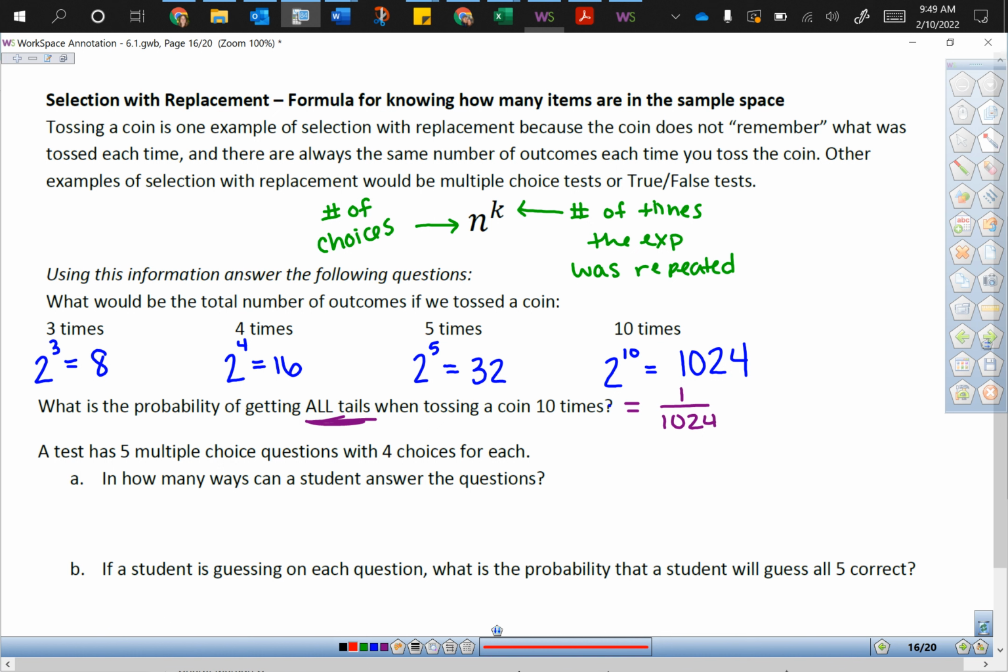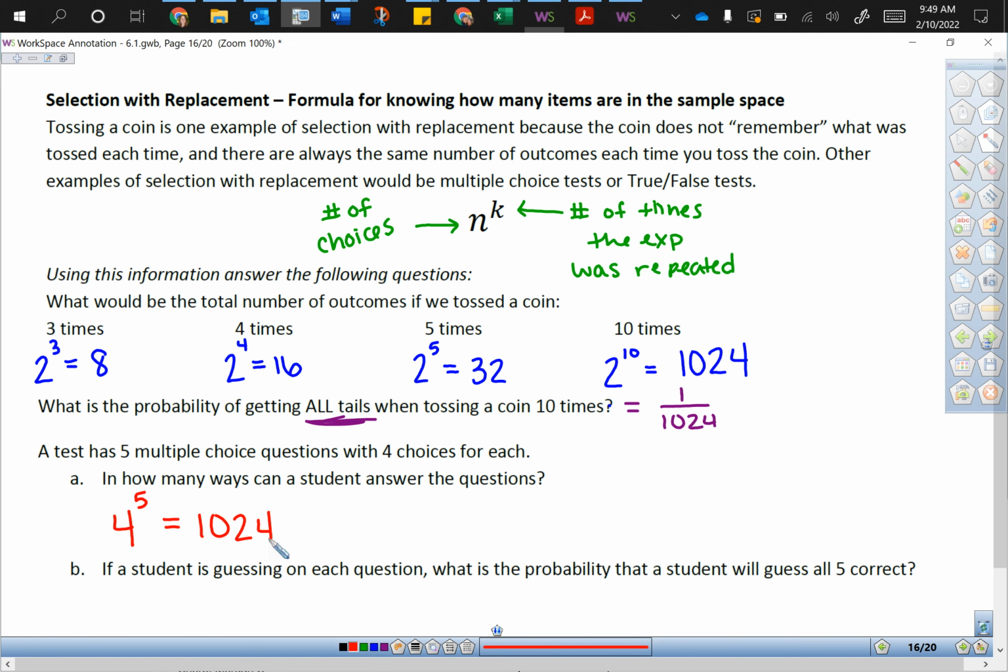So, how many choices do they have for their multiple choice test? 4. There are 4 choices for each. And how many times are they going to repeat this experiment? 5, because there's 5 questions. So you are going to have 4 choices raised to the power of 5 questions. And what do we get? 1,024. There are 1,024 different ways that a student could answer these questions.